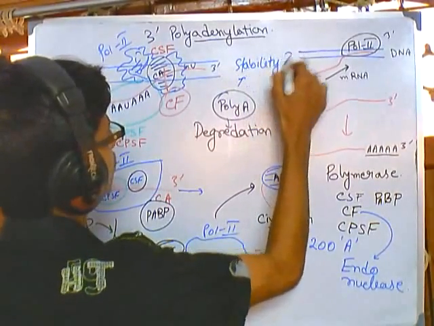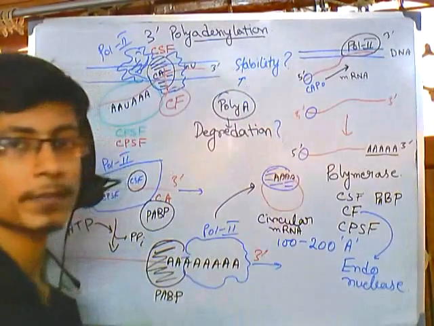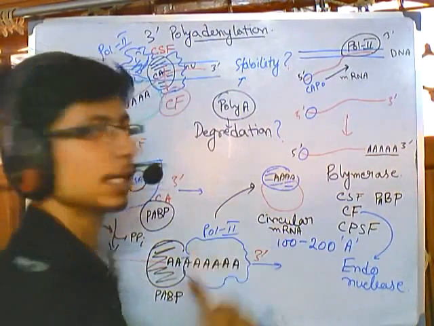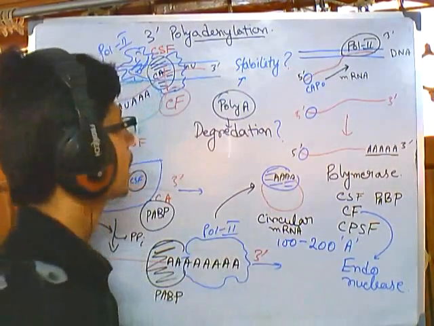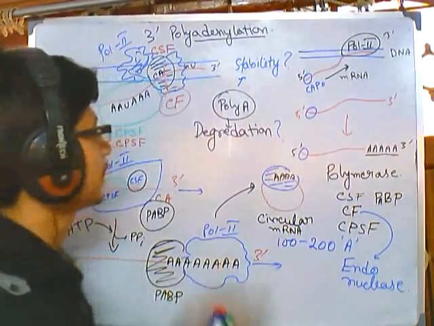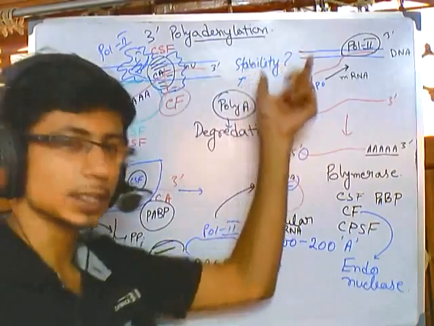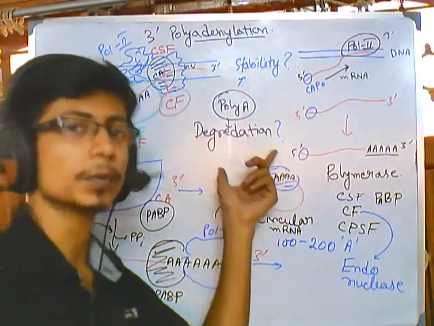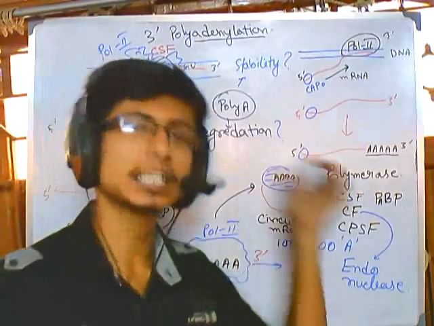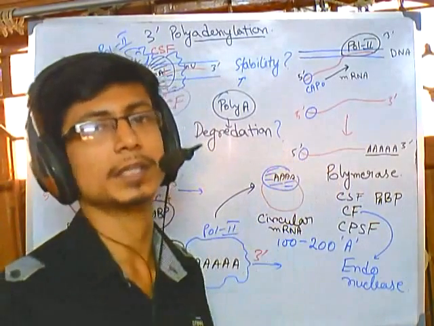This is the question mark for the new scientists. So you guys are going to work, we are going to work, to find out which one is correct, whether this polyadenylation gives us stability or a degradation property. Because in case of some prokaryotes and organelles, this polyadenylation signal triggers the degradation of the mRNA.